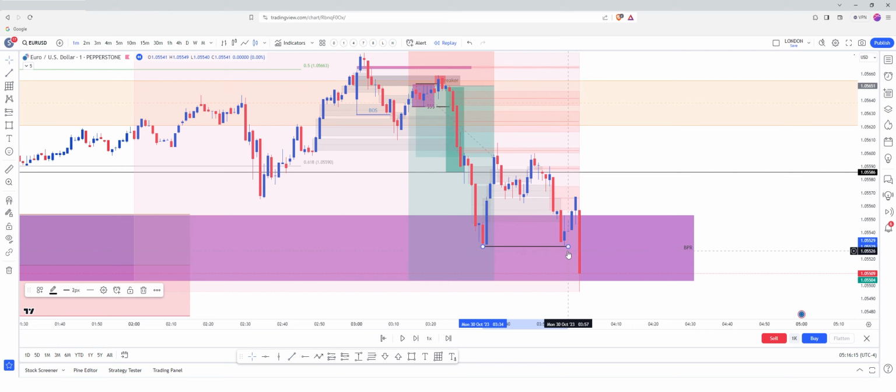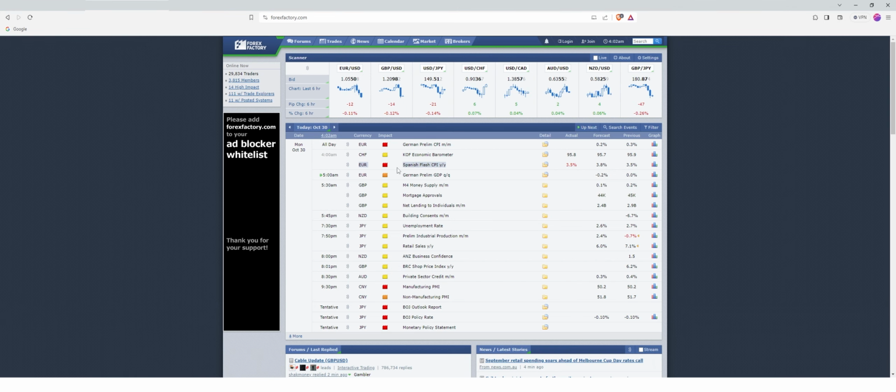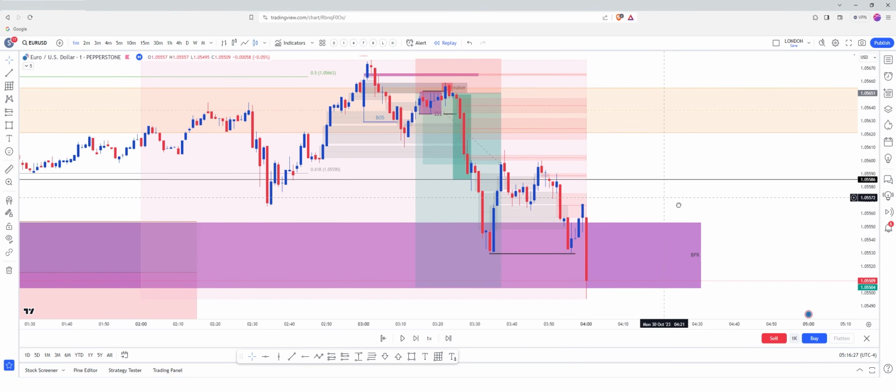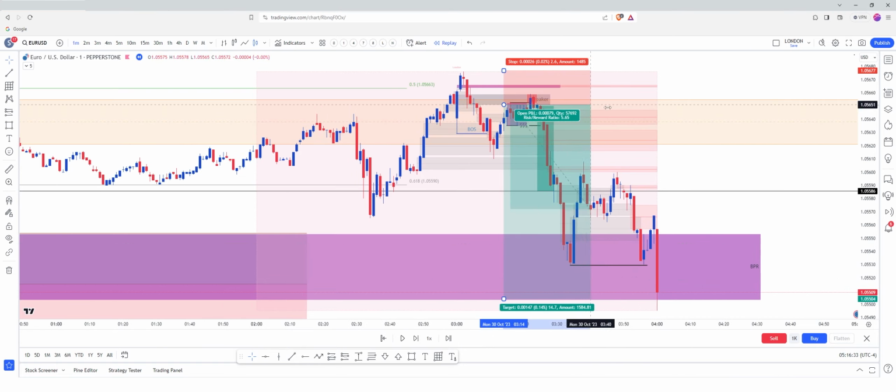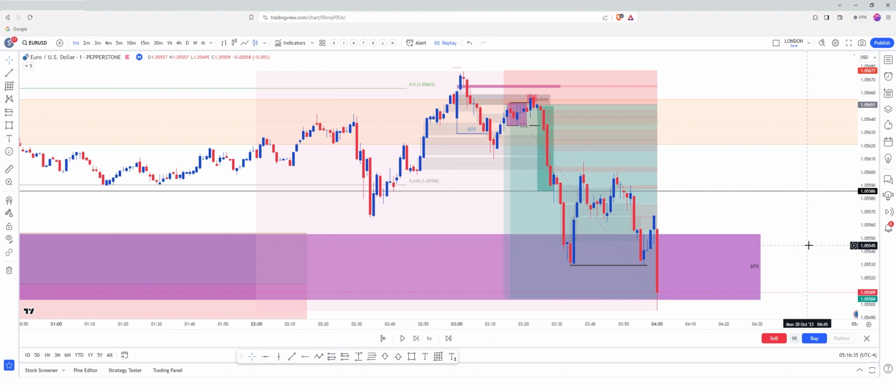You saw the new candles opening up, 1, 2, 3, big engulfment straight down. This is news driven because we did have the Spanish flash CPI at 4 AM. So our entry was well before the CPI news, so we were well in profit, and then that news driver just filled the BPR for a 5.6 hour trade.